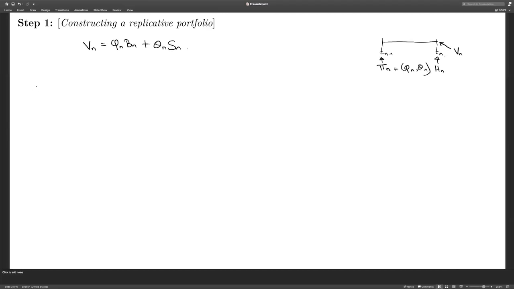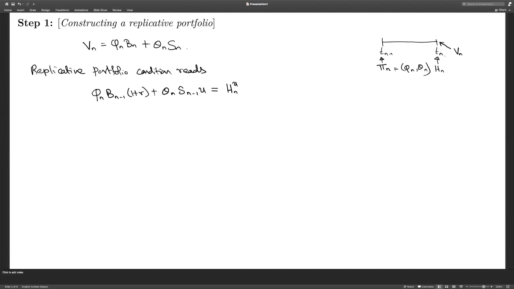So the replicating portfolio condition therefore gives you phi_n Bn, which I can write as B_{n-1}(1 + r), plus theta_n Sn, which I can write as S_{n-1}u if the stock goes up. In that case, my payoff Hn is defined in terms of S_{n-1}u, therefore I have to write Hn^u.